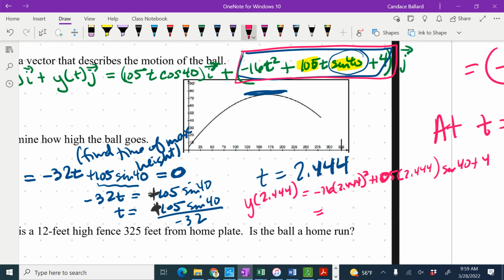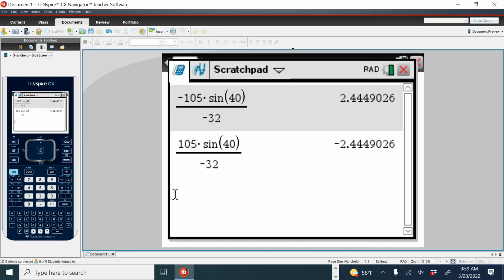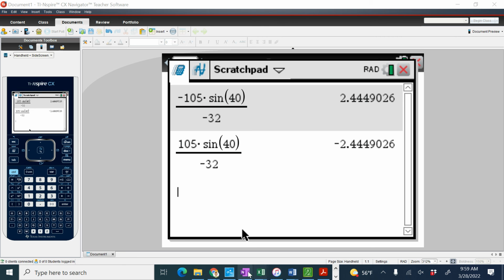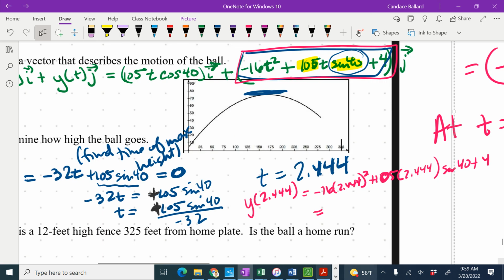Let's take a look at putting that in. Okay, so I have totally lost my, it's got to go into that one there. So negative 16, 2.44. Okay.